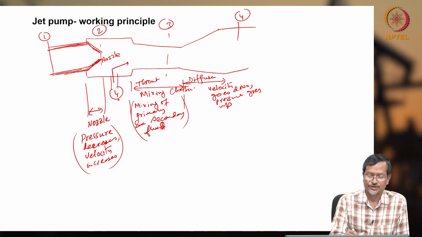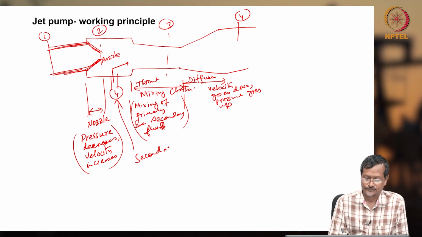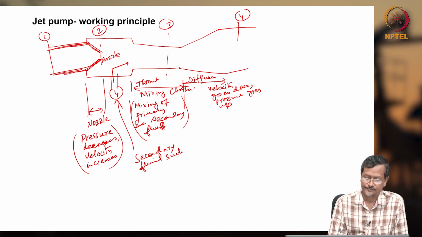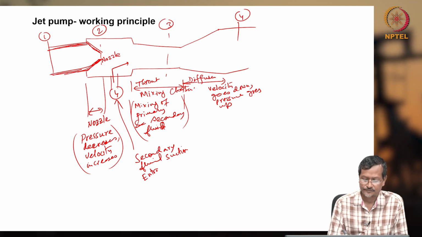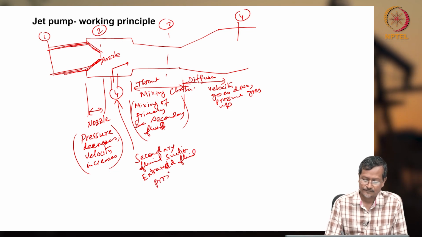So here suction of secondary fluid, this is called entrained fluid, or it is called produced fluid.